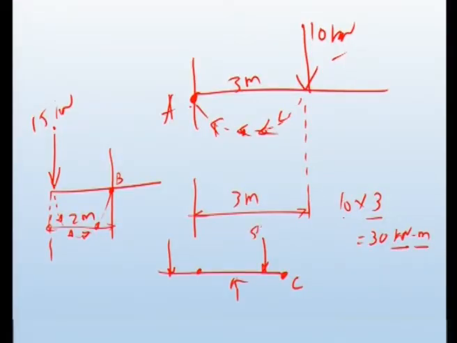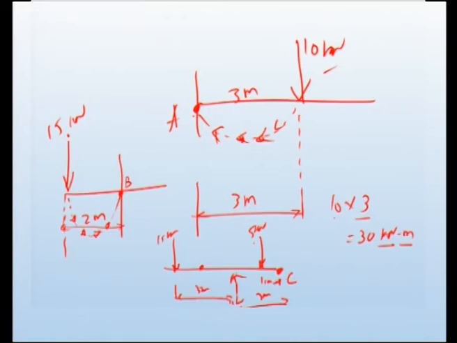For example, let this point be C, and this load is 5 kilonewton, this load is 10 kilonewton and this is 15 kilonewton. Let this distance be 1 meter, this distance 2 meters, and this distance 3 meters. You will calculate carefully the moment produced by each of the loads about this point C.